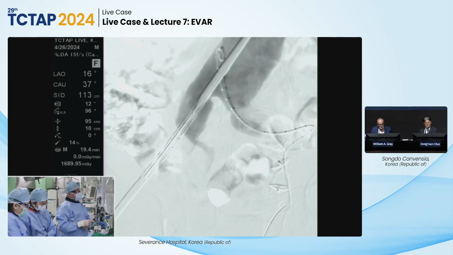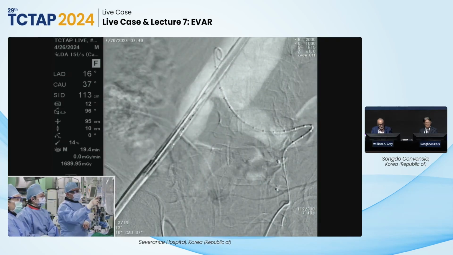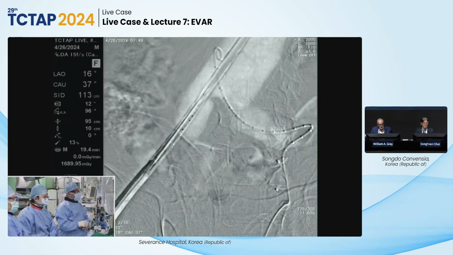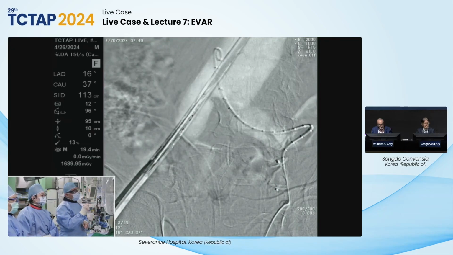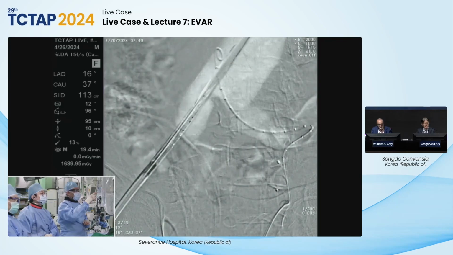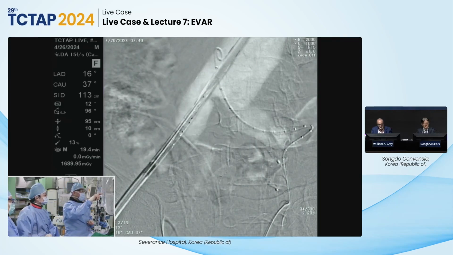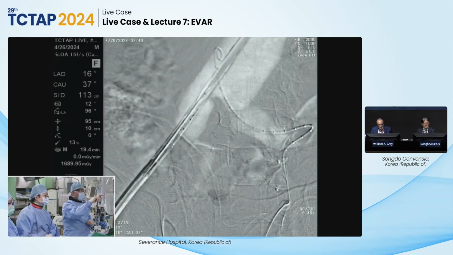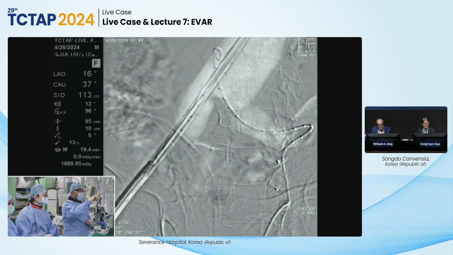Next. And as you can see on the left side, the internal iliac artery is very tortuous. And we try to open the opening of the already cannulated side branch, and the small side branch, the angled catheter, is exposed.